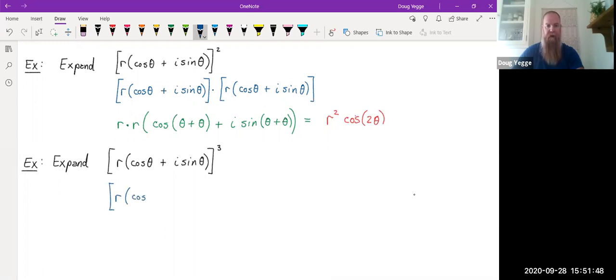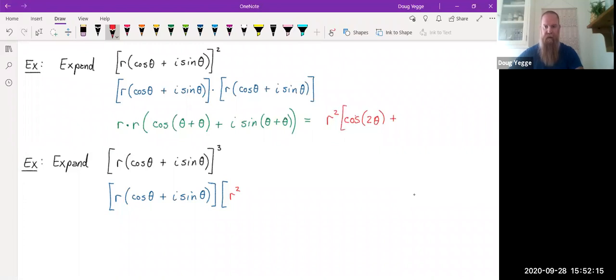So we're going to multiply r cosine theta plus I sine theta times itself 3 times. But keep in mind that we've already found the answer if we multiplied it together twice. So why don't we just take our result and multiply it by r squared, and I realized I did not finish this up here, shame on me.